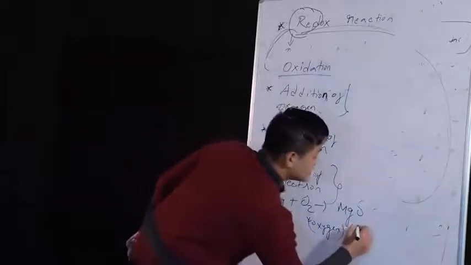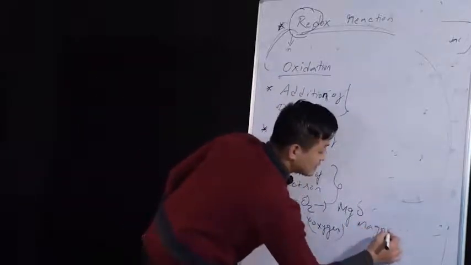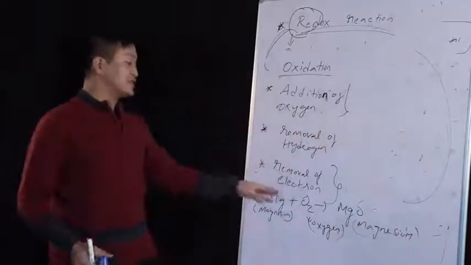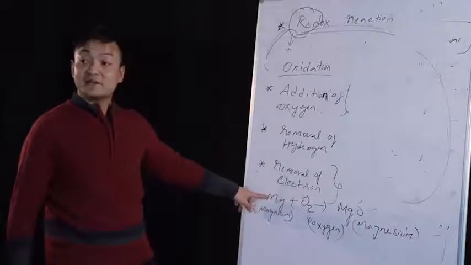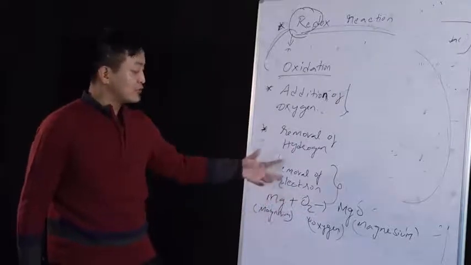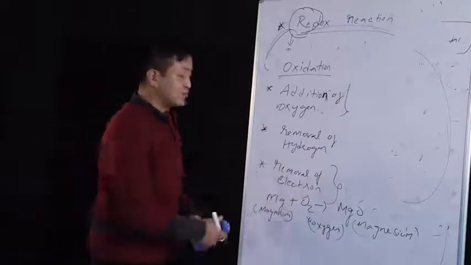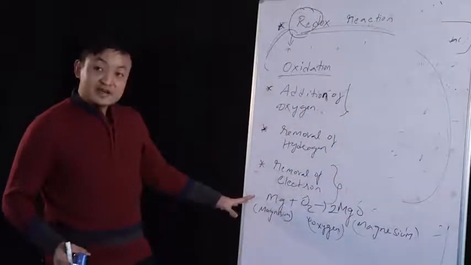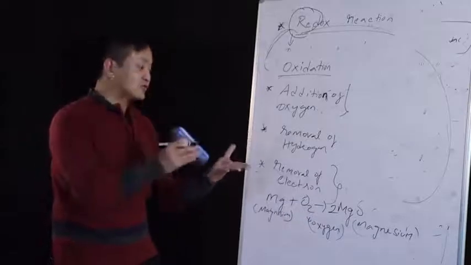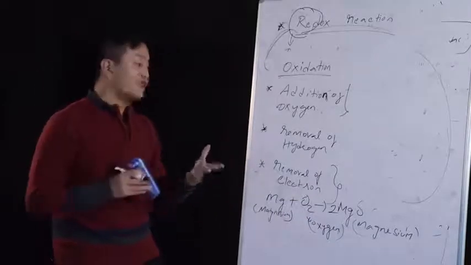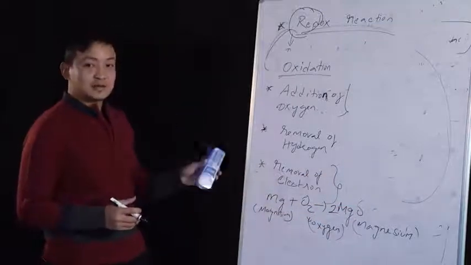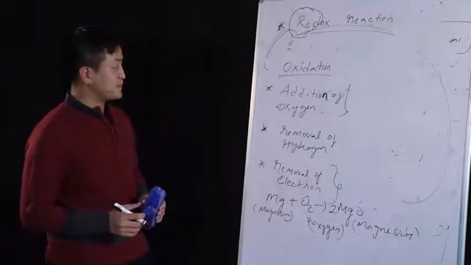We get magnesium oxide. So now what we see is there is an addition of oxygen, right? It was just Mg, but on reacting with oxygen, we get magnesium oxide. This type of reaction where we see an addition of oxygen is known as oxidation reaction. Clear, my dear students?